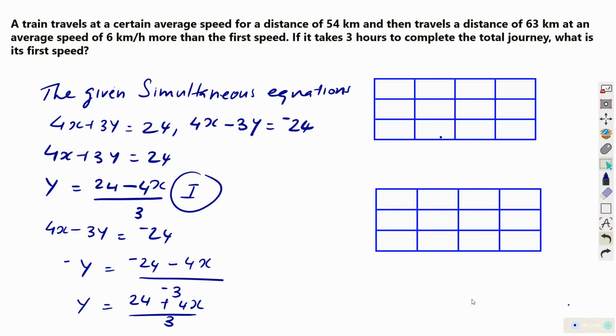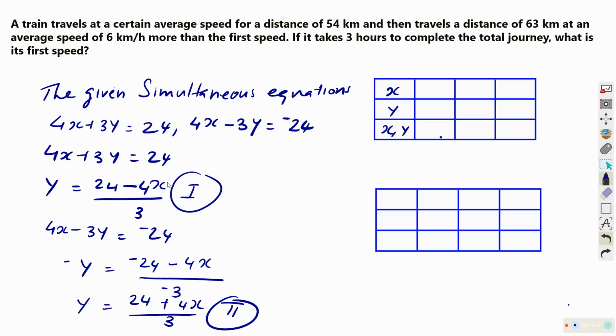Let me insert the value of x and get the corresponding y in the next row. X and y, I will put x, y. If the value of x is put into the first equation, second equation, two different tables.